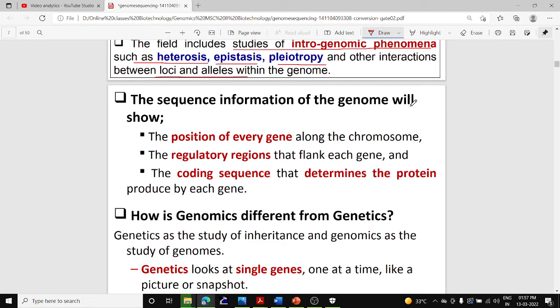The sequence information of the genome will show us the position of every gene and the regulatory regions of genes, which are present as flanking regions of each gene: promoters, operators. Then the coding sequences that determine the proteins. So, the triplet codon: we know the work of Nirenberg and Khorana.